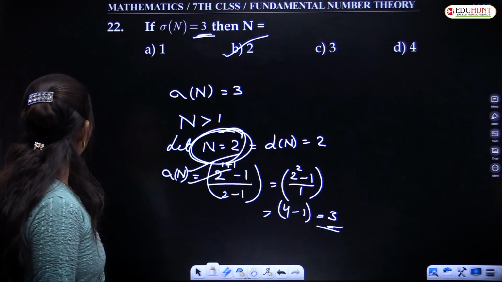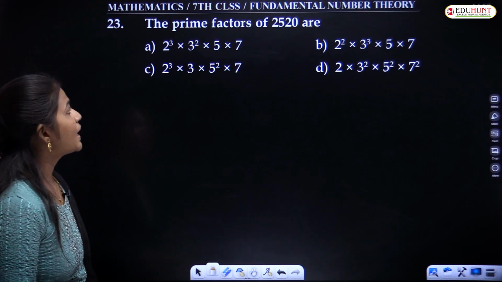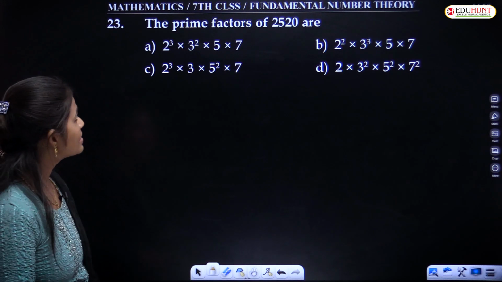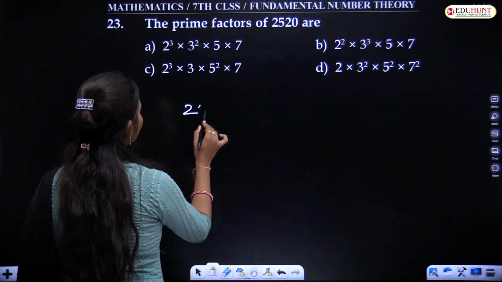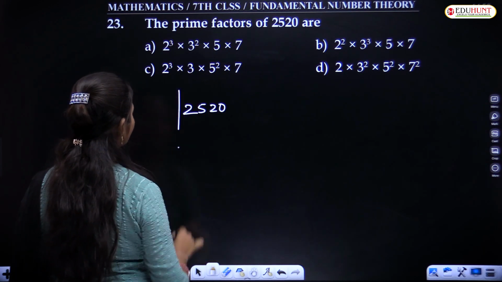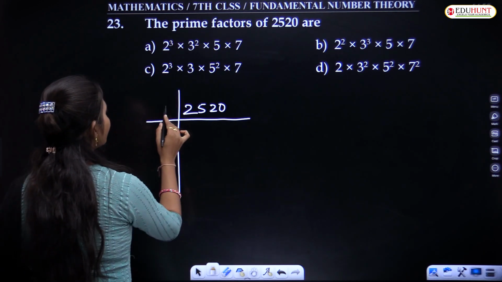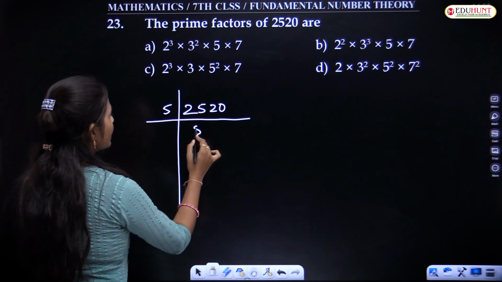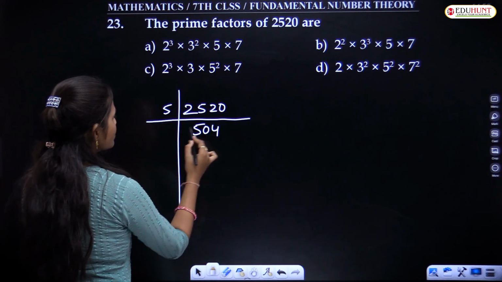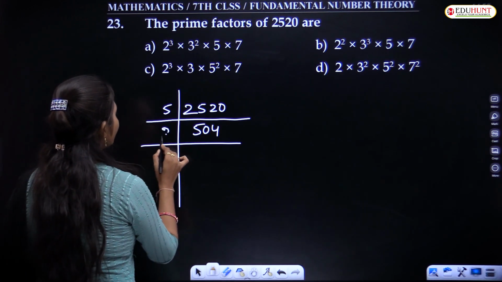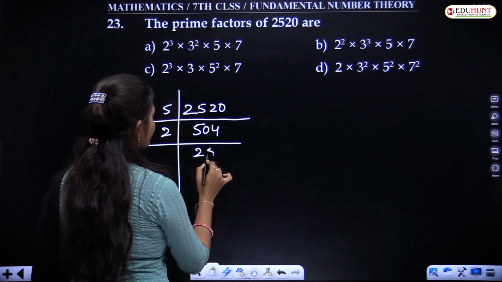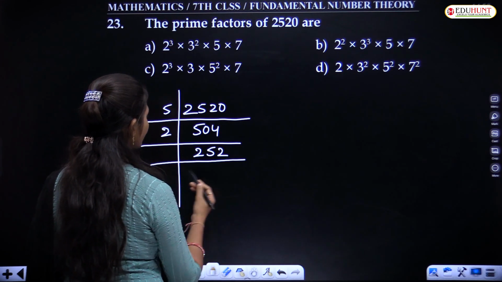Next, the 23rd one: prime factorization of 2520. Here this is divided by 5: 5 5s are 25, 5 4s are 20. Next, divide by 2: 2 25s are 50, 2 2s are 4.